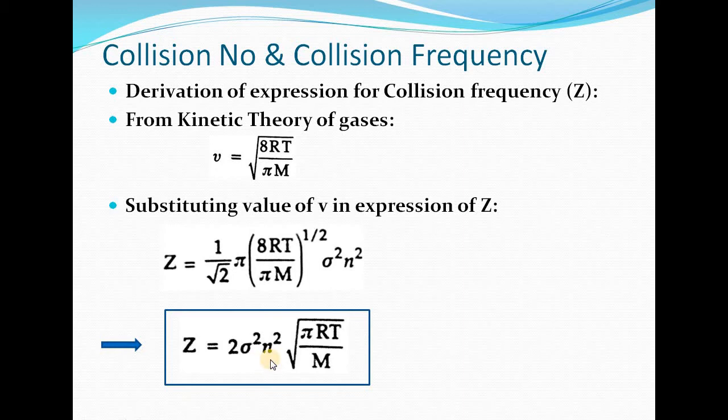As we are looking here from this equation, Z is directly dependent on the temperature as well as on the number of molecules present per centimeter cube of the gas.